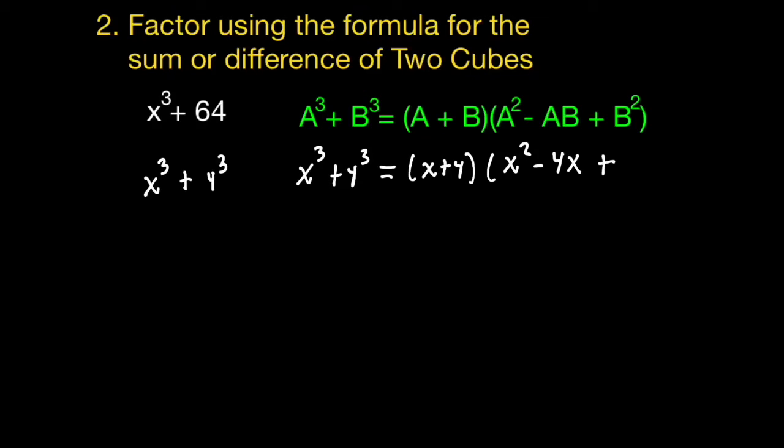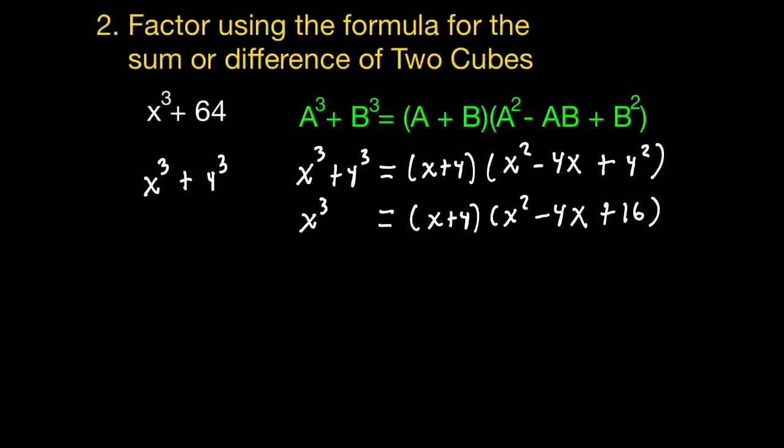And then here we add b squared, which is going to be 4 raised to the second power. We can simplify this further as x plus 4 multiplied by x squared minus 4x, and then the 4 to the second power is going to simplify to 16, and that would be the final factorization.